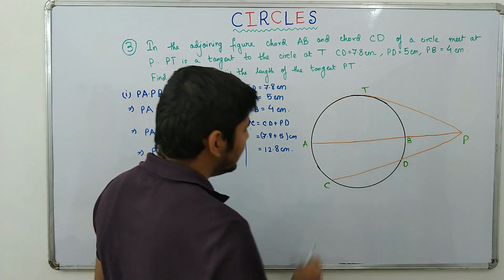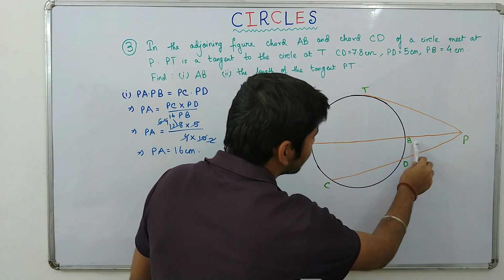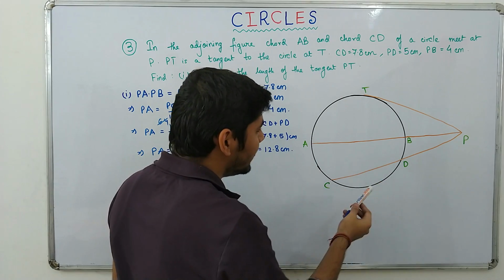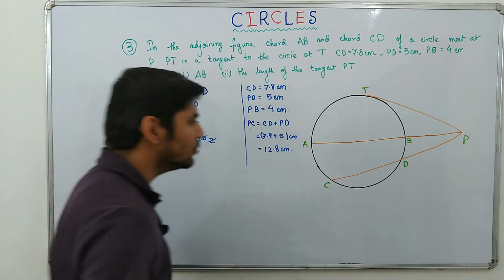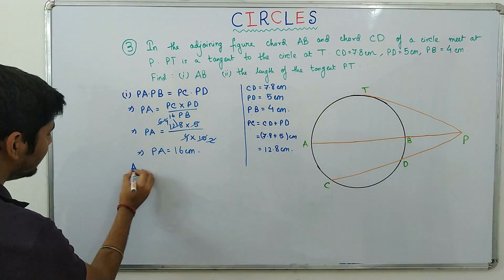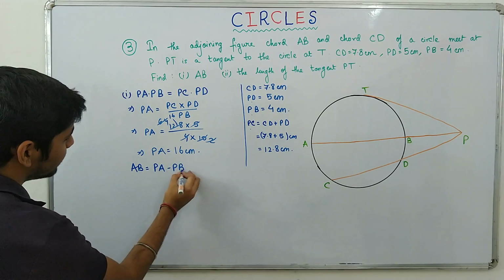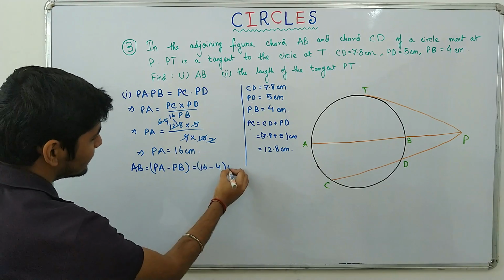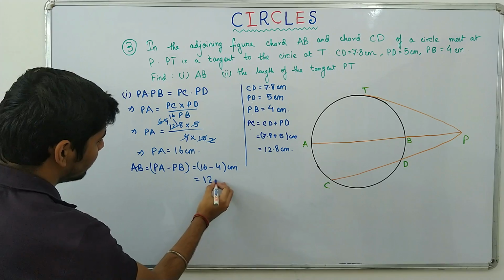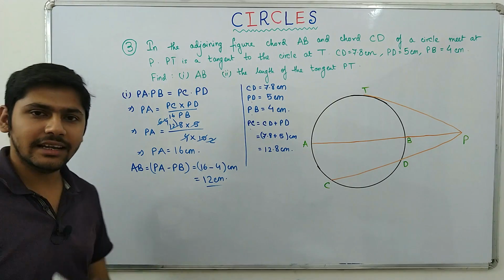Now we know PA, that means the complete length, and we know PB, that means this length. So AB will be equal to the complete length PA minus PB. So AB is equal to PA minus PB, which is 16 minus 4 centimeter, which is 12 centimeter. So we get AB as 12 centimeter.